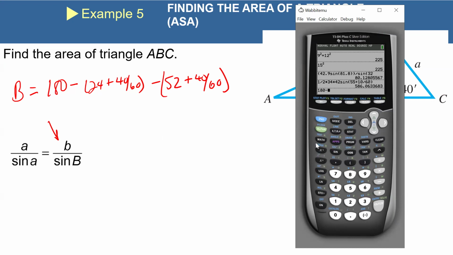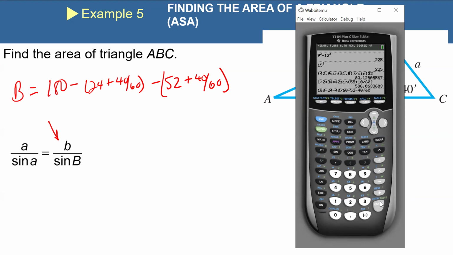So minus 24, minus 40 divided by 60, minus 52, minus 40 divided by 60. The calculator will automatically do PEMDAS, so it will do the division first and then subtract. Okay? Because that's what it's programmed to do.